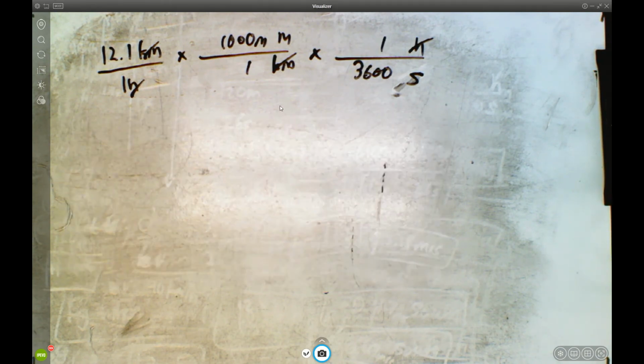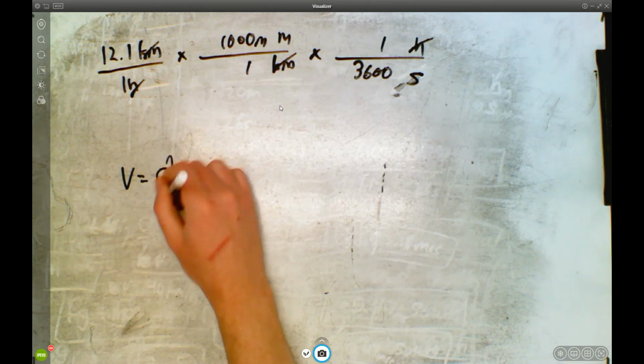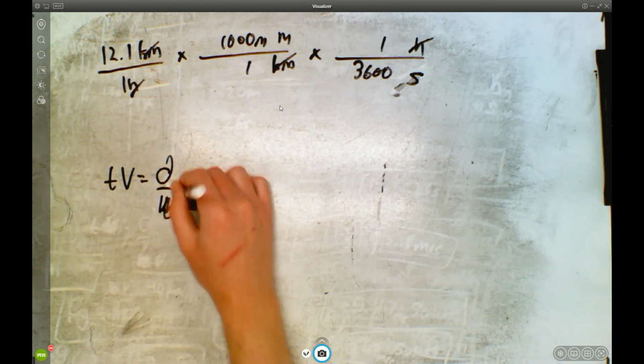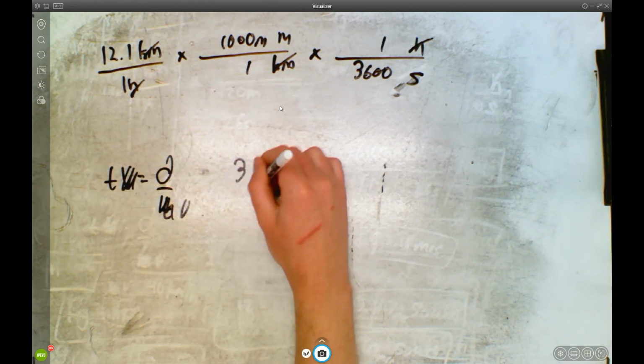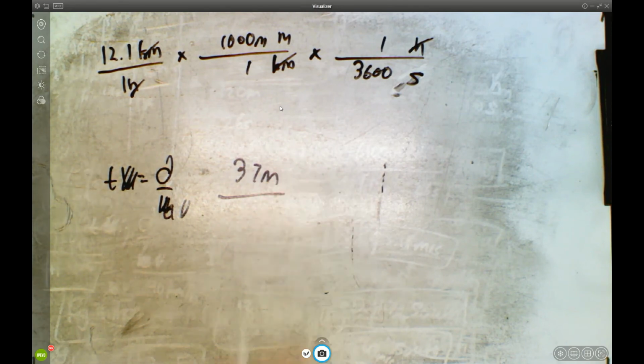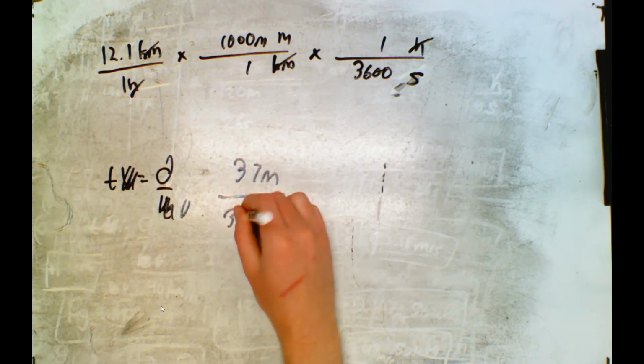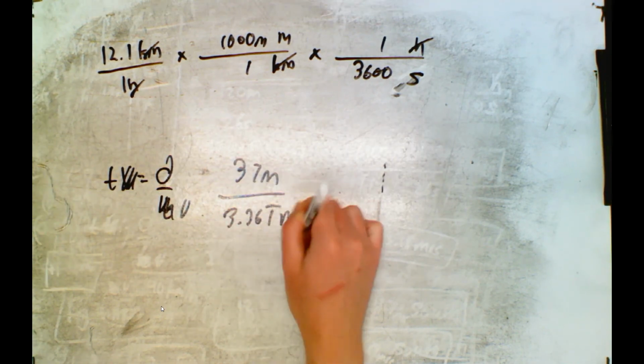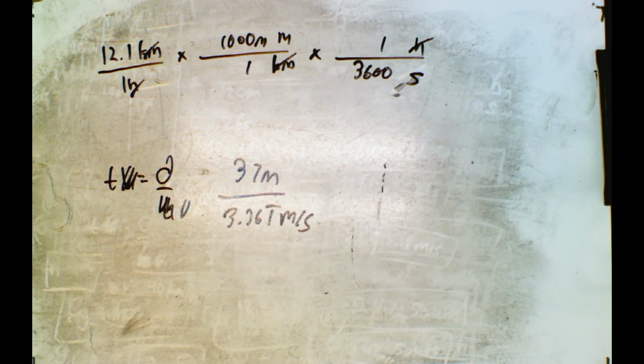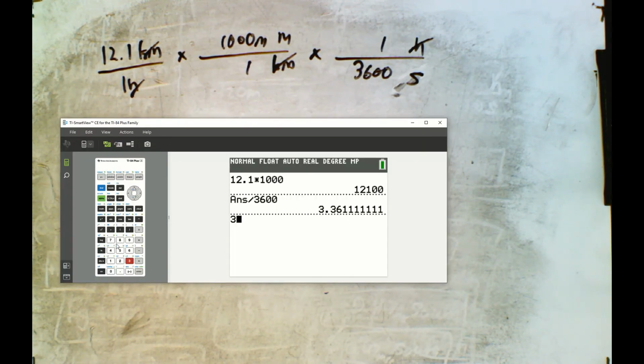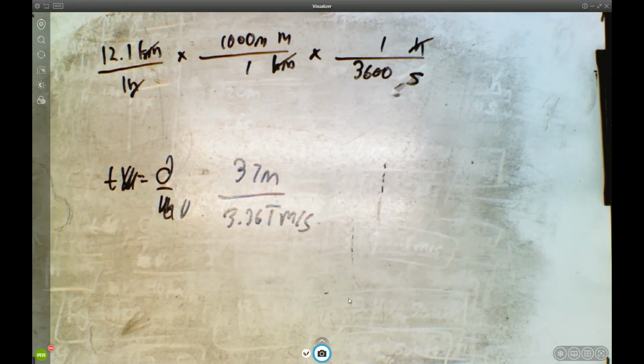From there, it's just a v equals d over t question. Move the t up top, move the v down below. It went 37 meters, and it did it at our speed of 3.361 repeated. If I type that into my calculator, we don't want to round that answer, 37 divided by this, we end up getting 11 seconds.